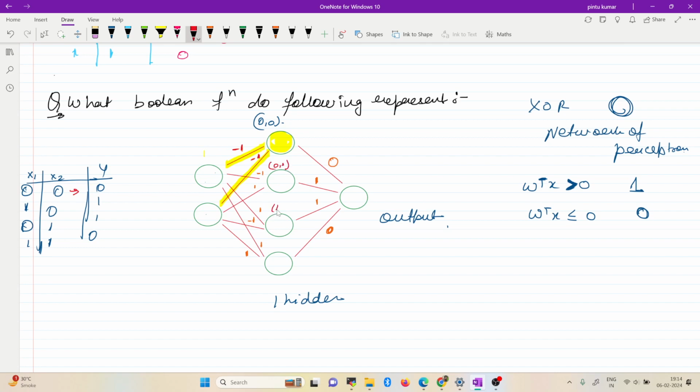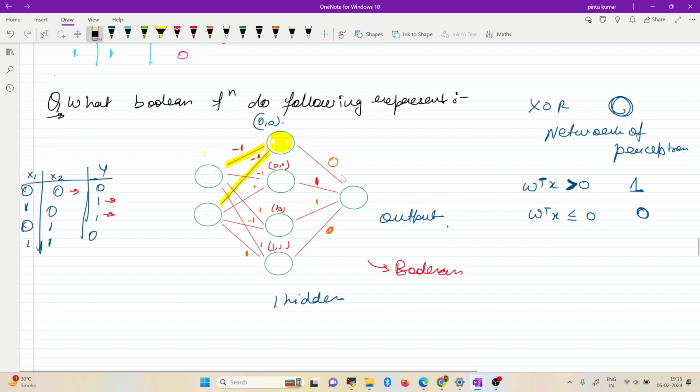The next one is 1, 0, and the last one is 1, 1. Now for the output weights, whenever you get value 1 as your y, for that particular branch you take 1 as the weight, and for the rest you can take 0. This way you can represent any arbitrary Boolean function using a network of perceptrons that has only one hidden layer.